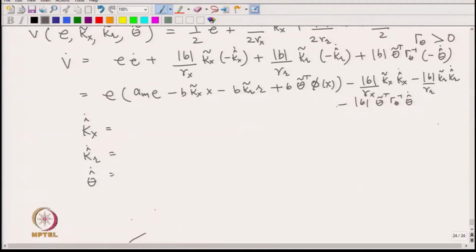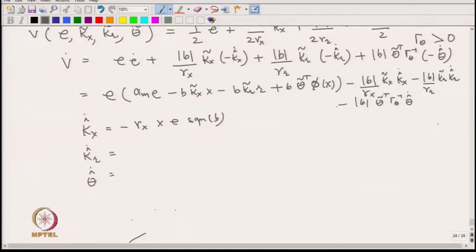For kx hat and kr hat we can simply use what we had obtained earlier, and that is in fact going to cancel these two terms. So those would be minus gamma x e sign of b.